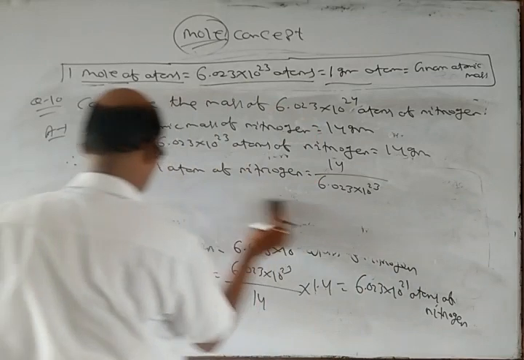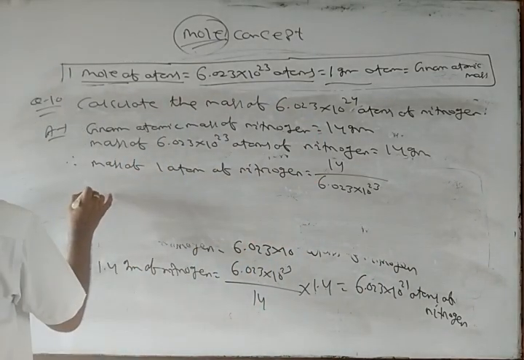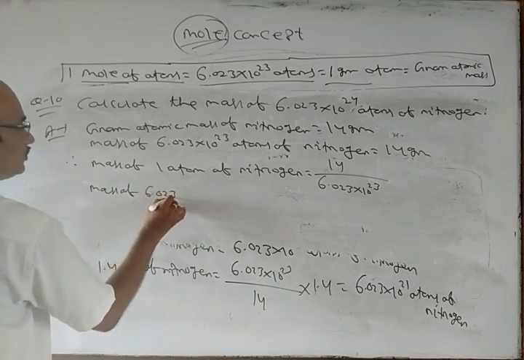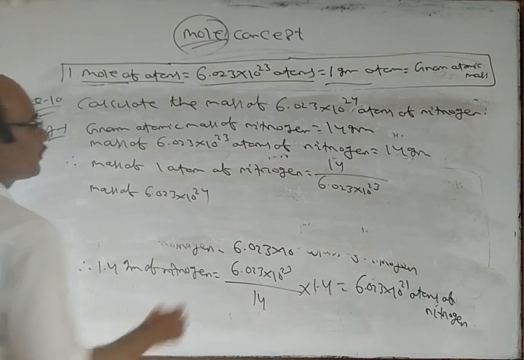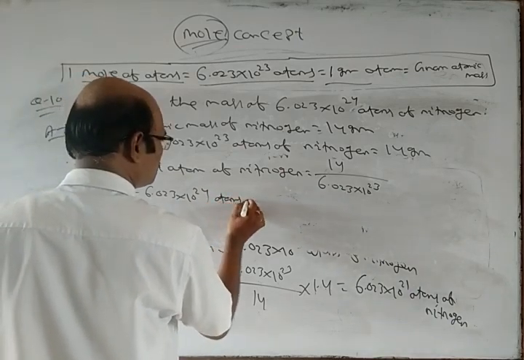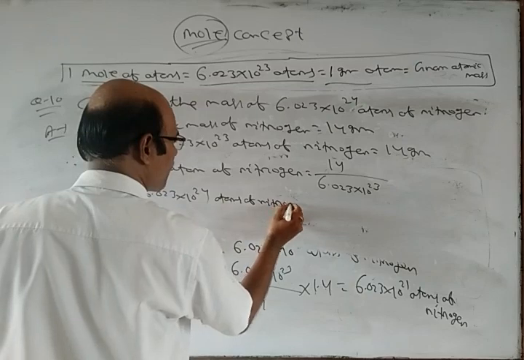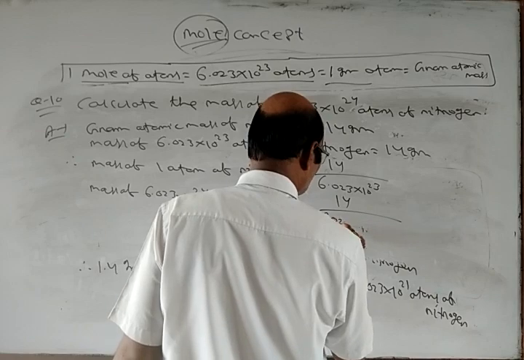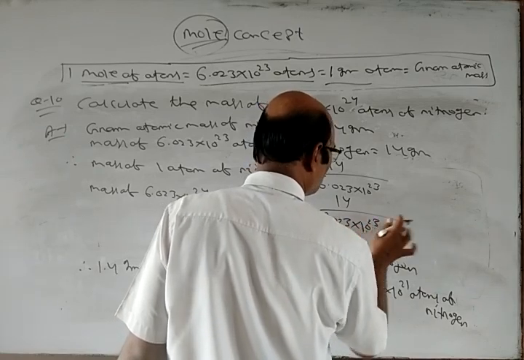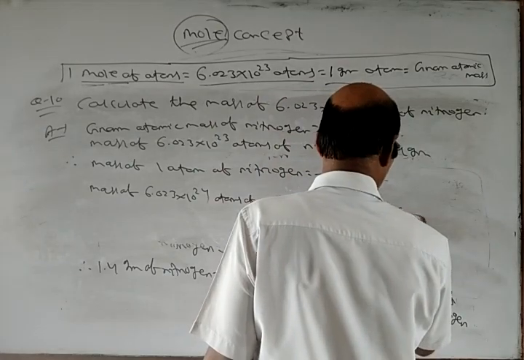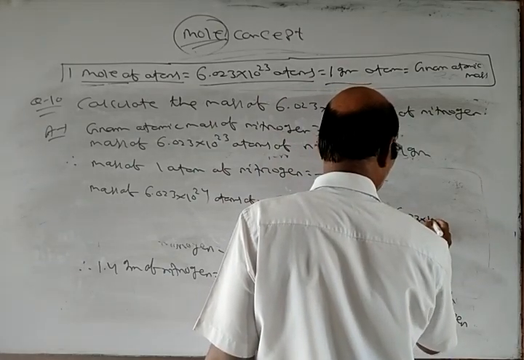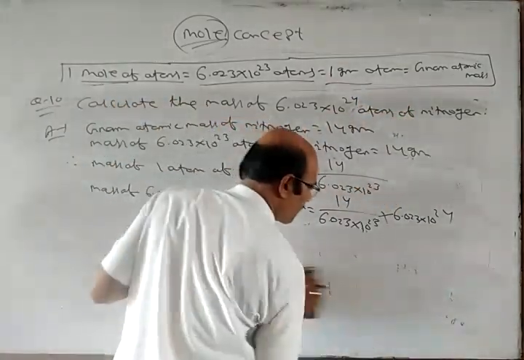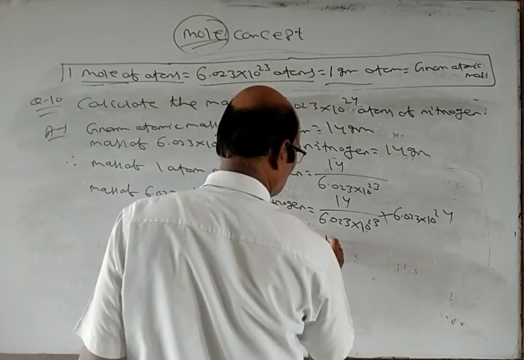Now the mass of 6.023 into 10 power 24 atoms of nitrogen equal to what? 14 divided by 6.023 into 10 power 23 into what? 6.023 into 10 power 24. Okay, you could get what? Equal to what? 10.